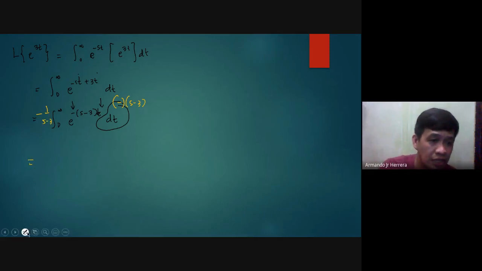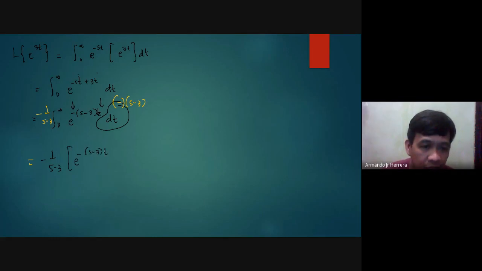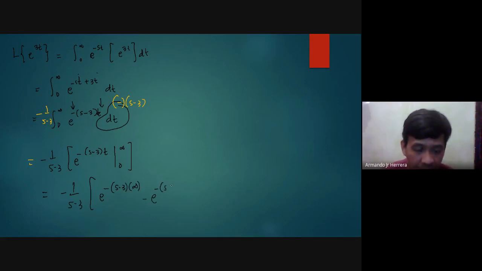So, this gives us negative 1 over s minus 3, e to the minus s minus 3 of t from 0 to infinity. So applying the limits, negative 1 over s minus 3, e to the minus s minus 3 times the value, infinity, minus e to the quantity minus s minus 3 times 0.